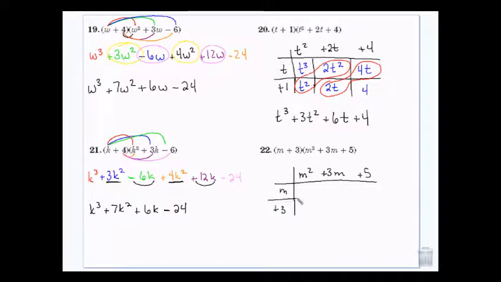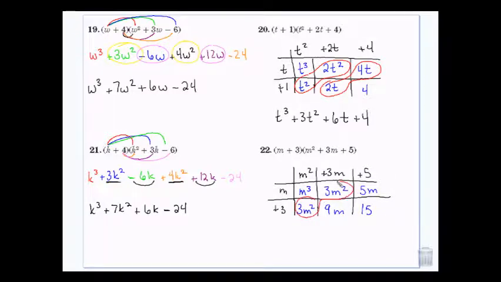Again, I'm going to line all this up and make my table. M times m squared is m to the third. M times 3m is 3m squared. M times 5 is 5m. 3 times m squared is 3m squared. 3 times 3m is 9m. And then 3 times 5 is 15.